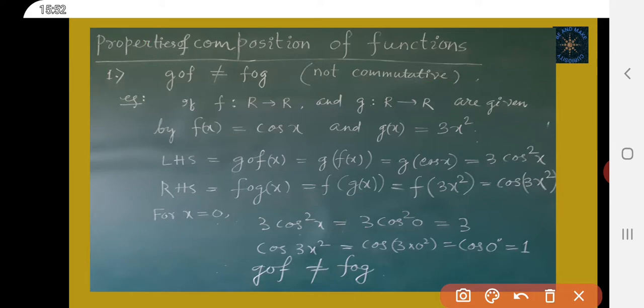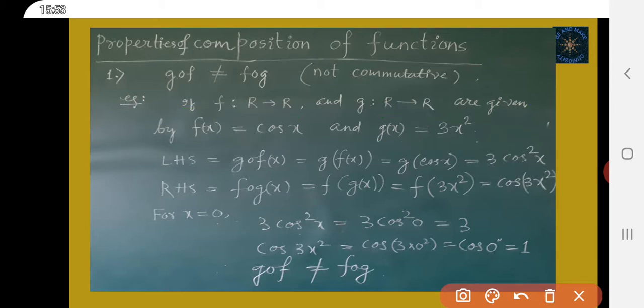See, here for example, f mapping from the set of real numbers R to R and g mapping from R to R are given by f of x equal to cos x, g of x equal to 3x square.